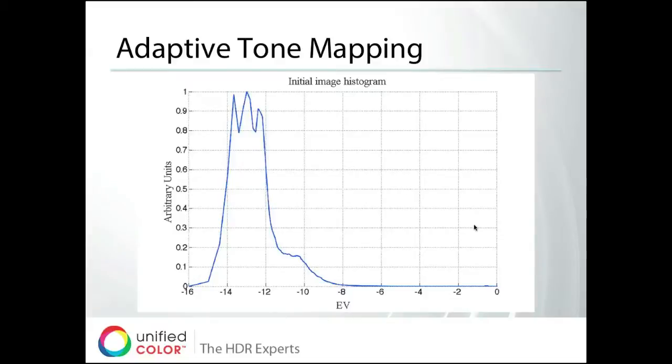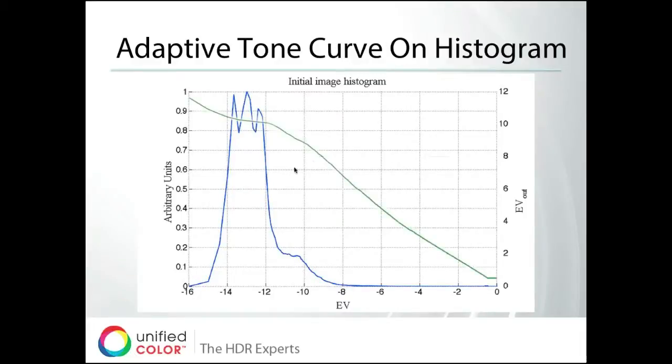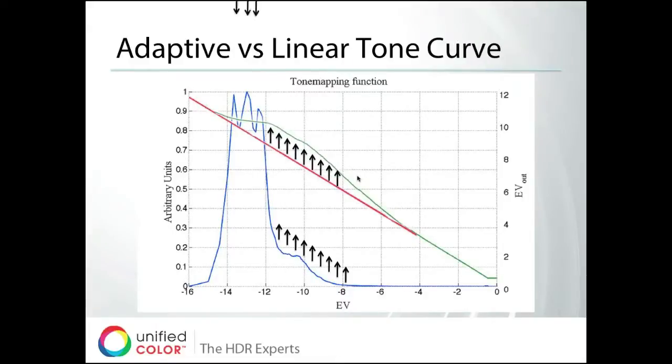We wanted to improve on that, so that's where our new adaptive tone mapping concept came in. I have the same initial starting curve here, and now I'm creating a custom adaptive tone curve for this image. So every image has a custom adaptive tone curve calculated for it. And you can see, instead of using just a linear transition, we're manipulating the curve here to enhance the contrast for the different ranges of the images to different amounts.